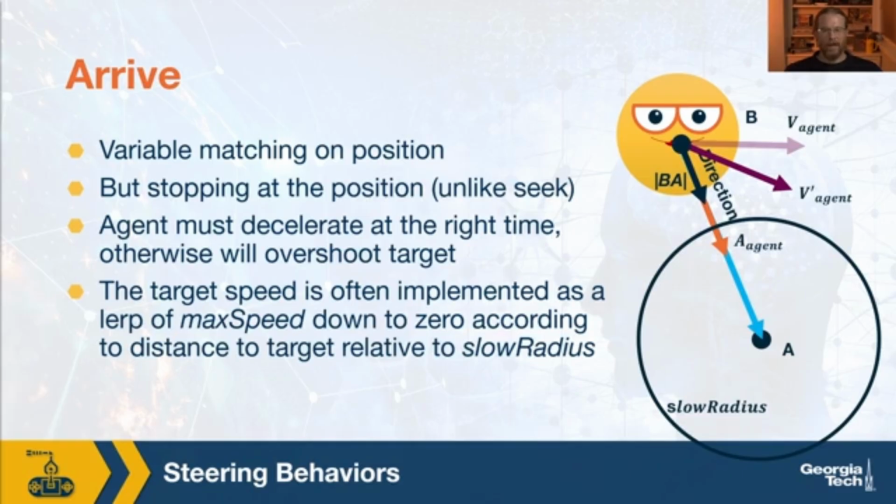If you were on the edge of this slowdown radius, your agent would be going at maximum speed. If it was half the radius, it would be 50% of max speed, and so on. It's just a simple linear mapping, and that would be the target velocity which the acceleration is trying to achieve. So an acceleration would be applied to the velocity to get to the target velocity.